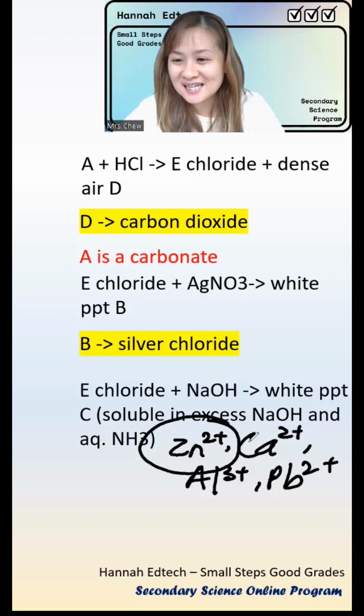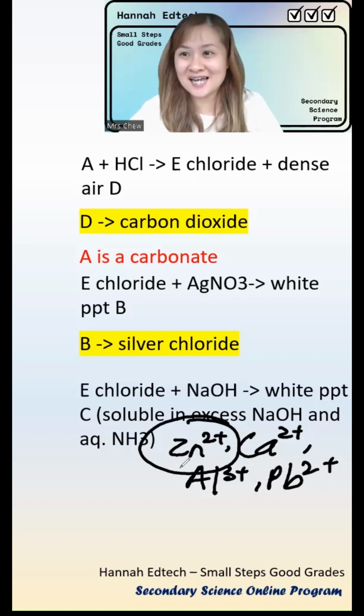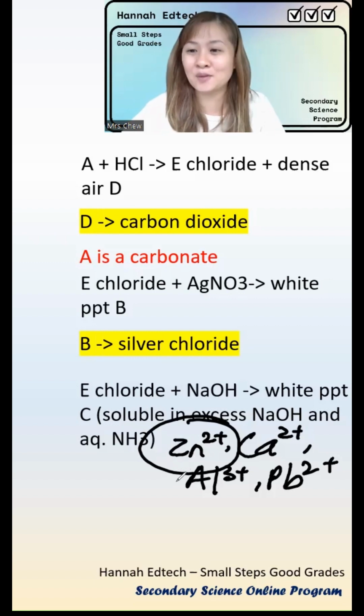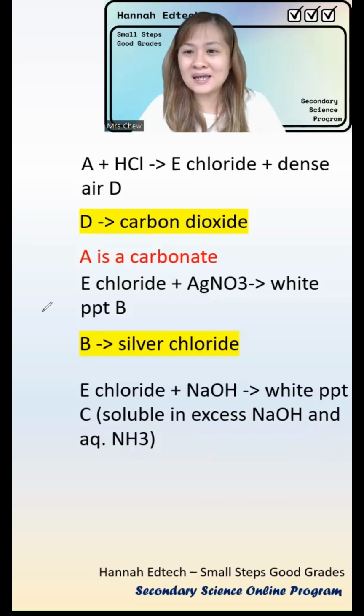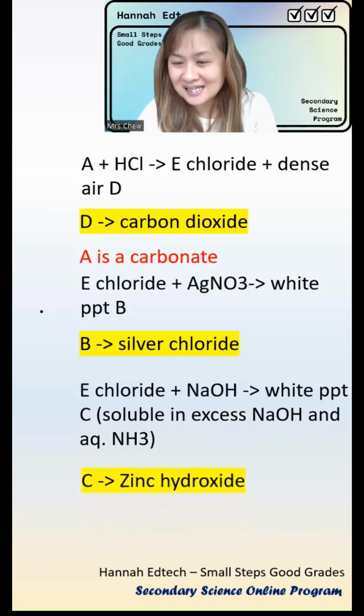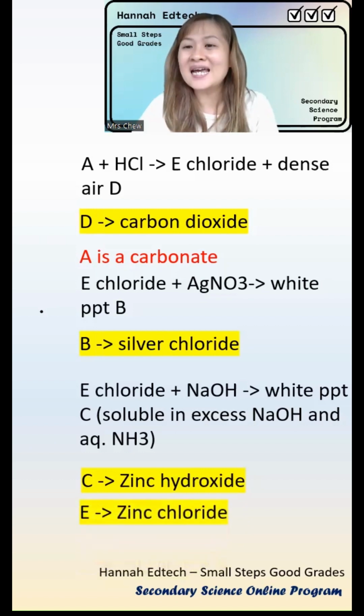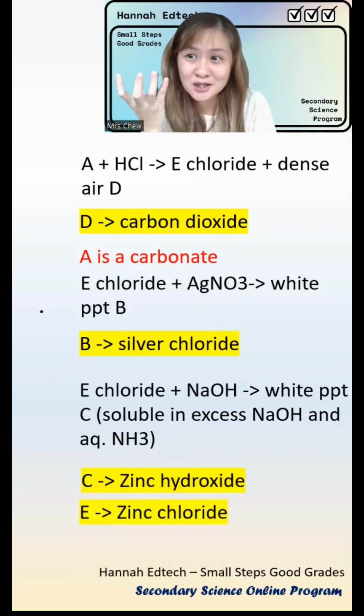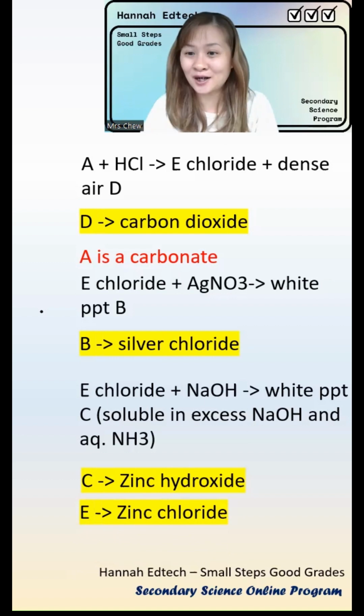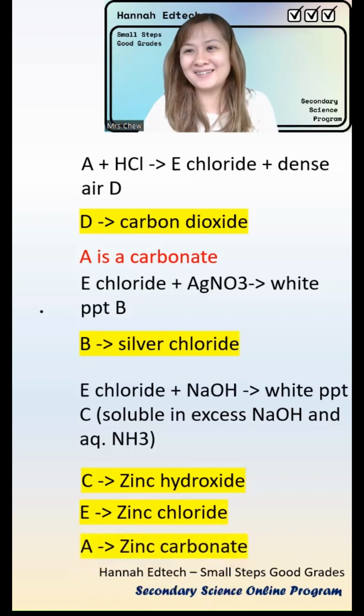However, only zinc dissolves in excess sodium hydroxide and aqueous ammonia. Hence, we know that C is zinc hydroxide, E, which is the solution after the acid reaction, is zinc chloride. And finally, A is zinc carbonate.